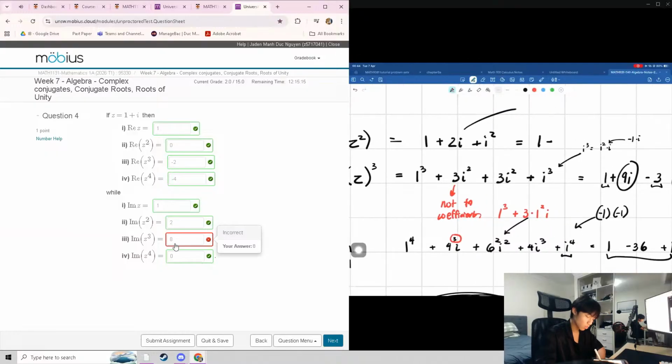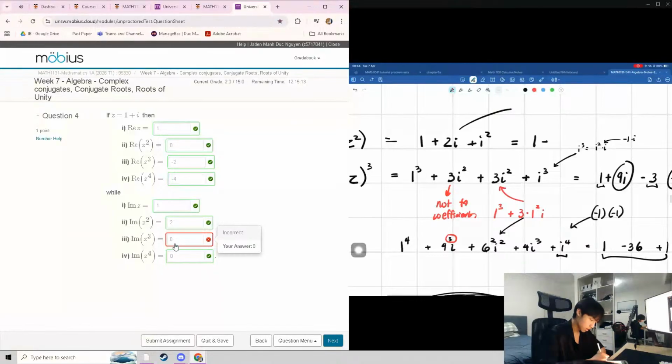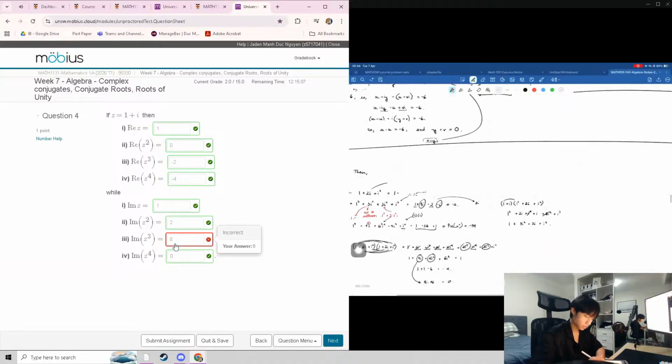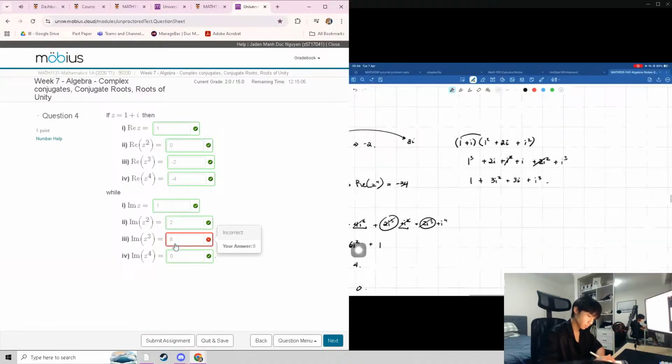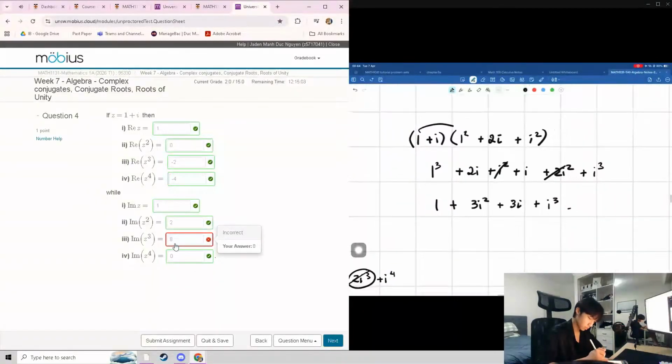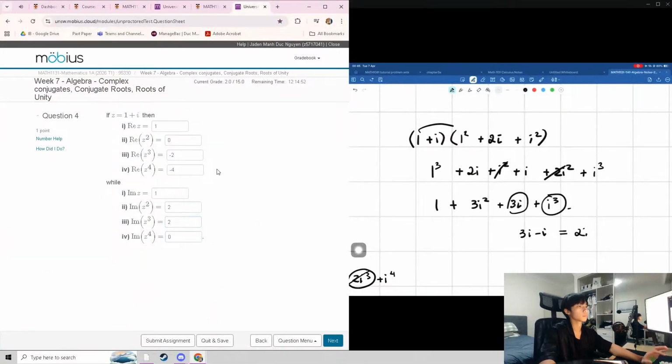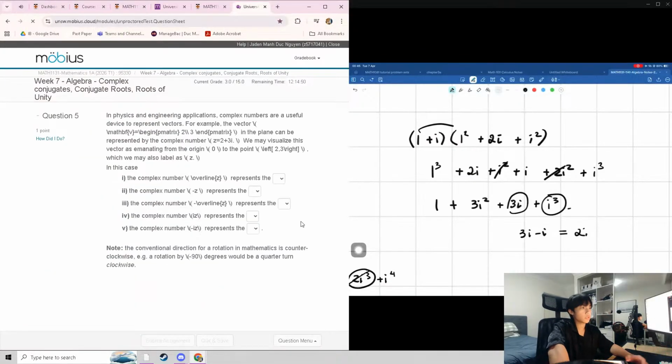So that's 3 times 1, so that's right here. And this is 3 times 1 and then i squared. Okay, that's just my fault. This is the imaginary part. 3i minus i, 2i. Alrighty.